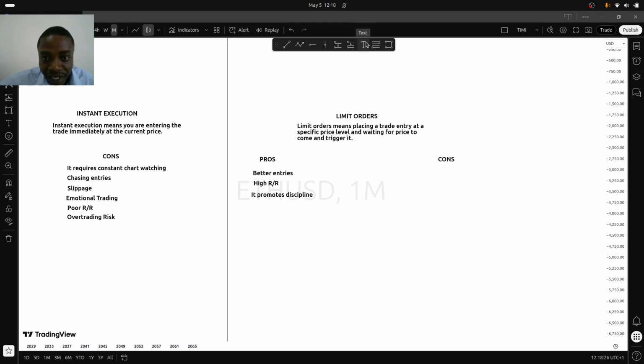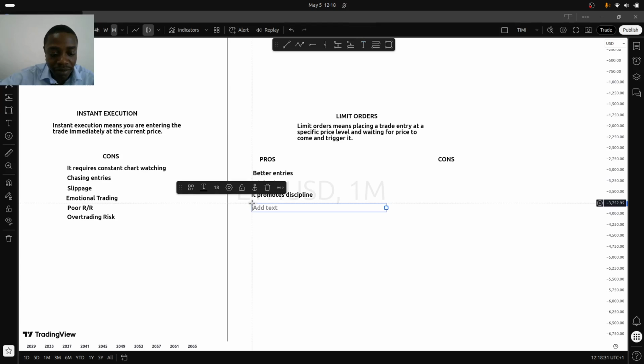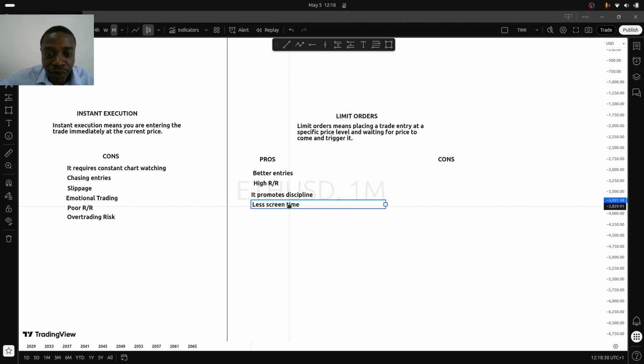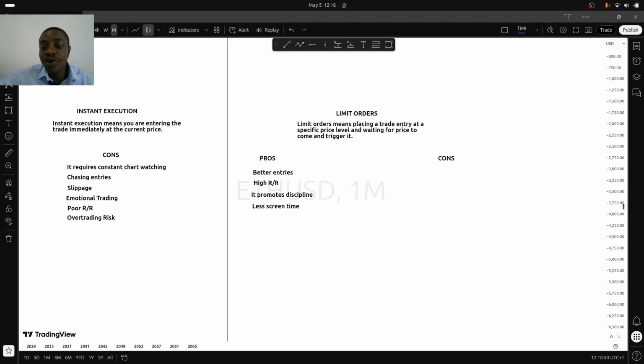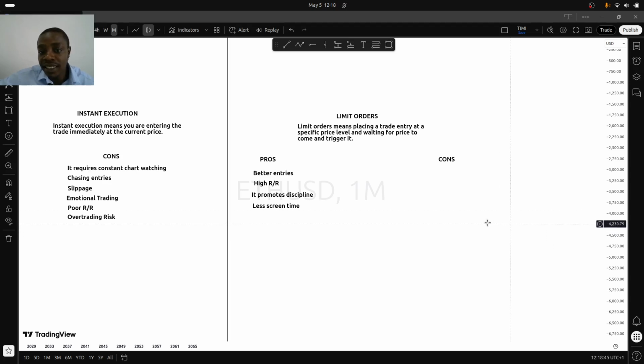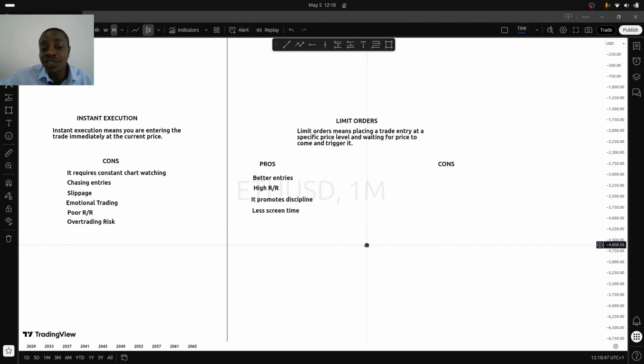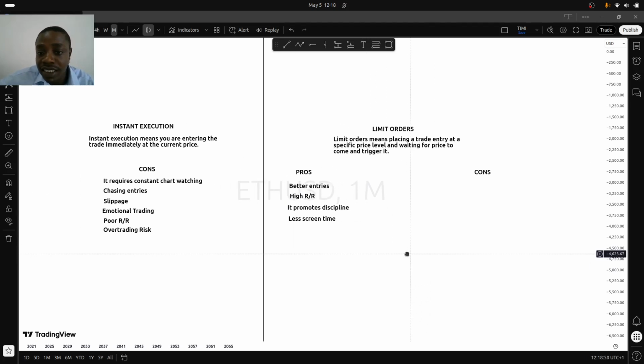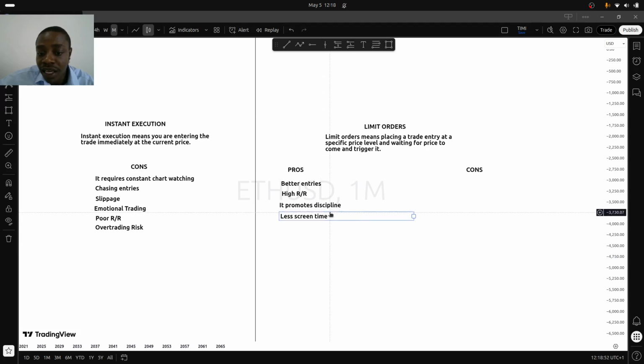Another pro is that it gives you less screen time. If you work a 9 to 5 or you have other things going on in the day and don't have the time to be watching the charts most of the time, limit orders help with this because you just place the limit there and allow the market to do its thing while you go about your normal day.